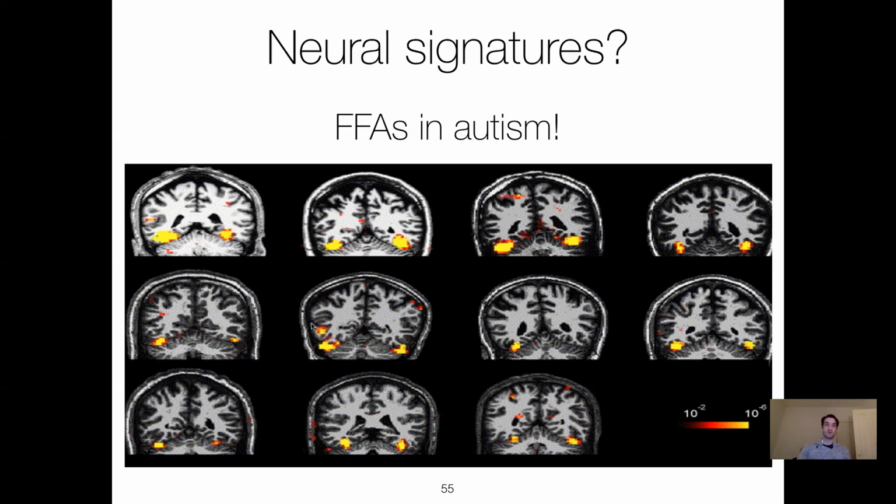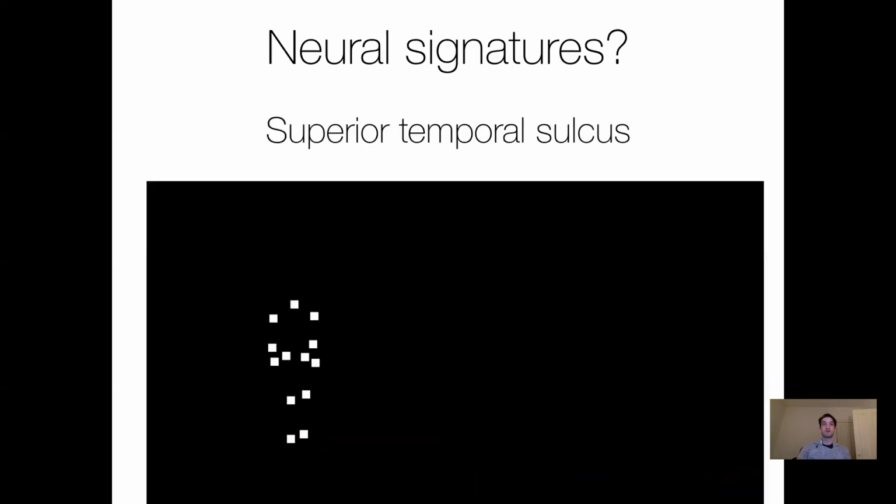So speaking of this region, the superior temporal sulcus, we haven't really talked about this, but this actually is another region that's pretty heavily involved in social cognition and social perception. So what I want you to do is look at these dots, and what you'll notice is that in a second, when these dots start moving, you can already see how it's like a tiny person.